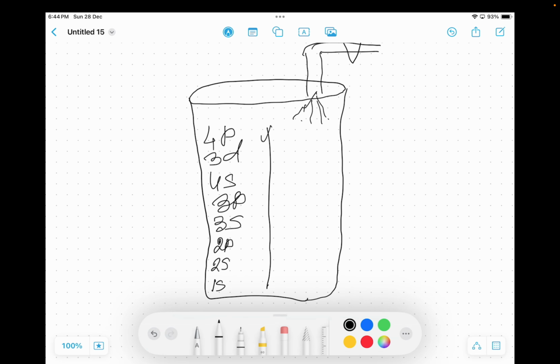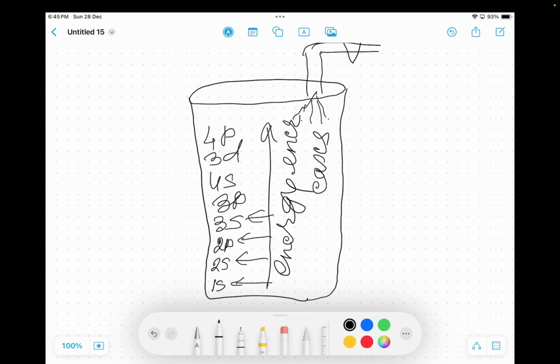Energy increases in this order. That means the first electrons are added in 1s, and when it is filled, then it goes into 2s. When it is completely filled, then it comes into 2p, then it comes to 3s and so on.